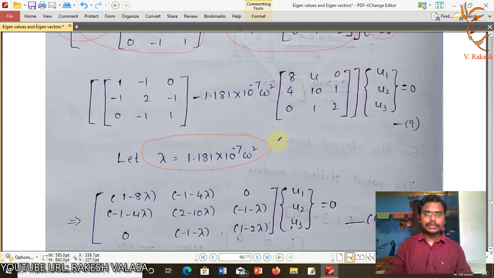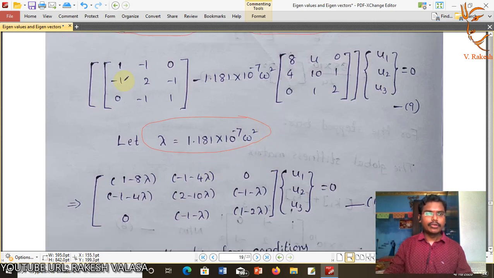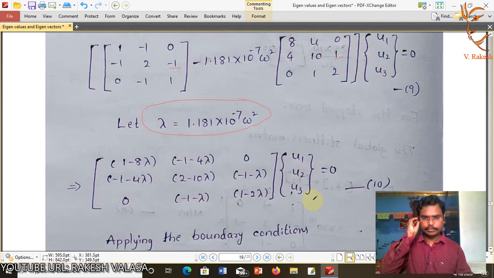Now simplify this equation number 9, we get [1 - 8 lambda, -1 - 4 lambda, 0; -1 - 4 lambda, 2 - 10 lambda, -1 - lambda; 0, -1 - lambda, 1 - 2 lambda] into u1, u2, u3 equals 0. This is equation number 10.